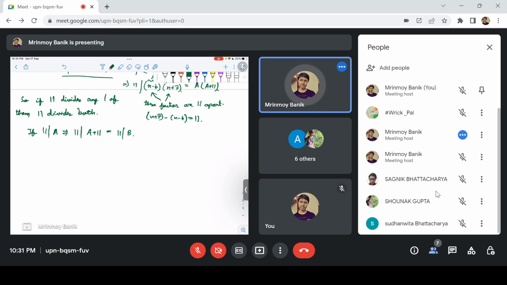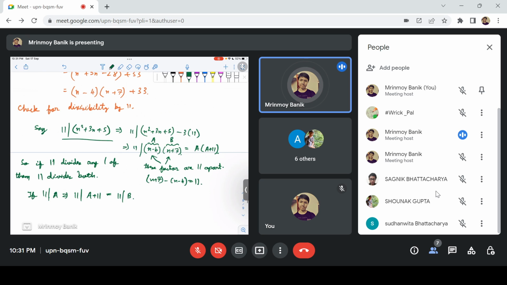So what do we get? If 11 divides the whole thing, then 11 has to divide the product of the first two factors, and if 11 divides any one of them, it divides both of them.